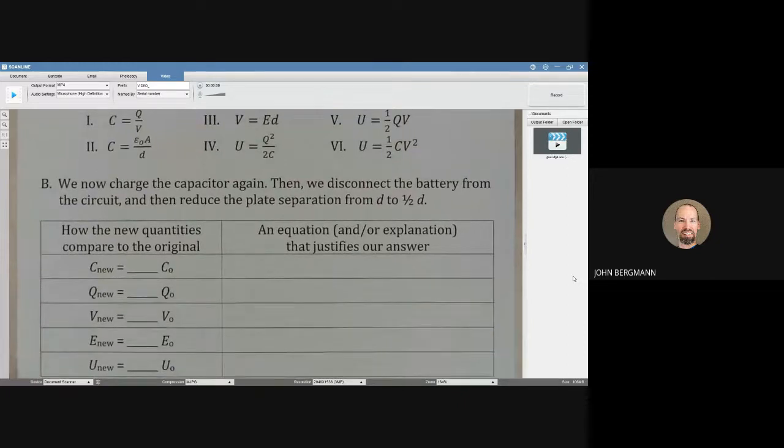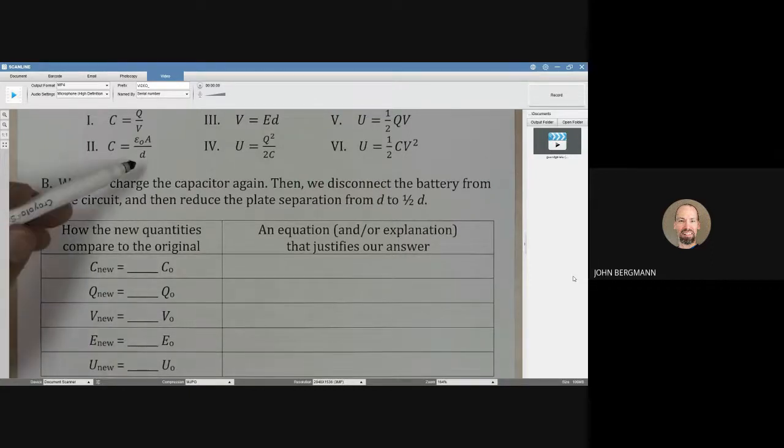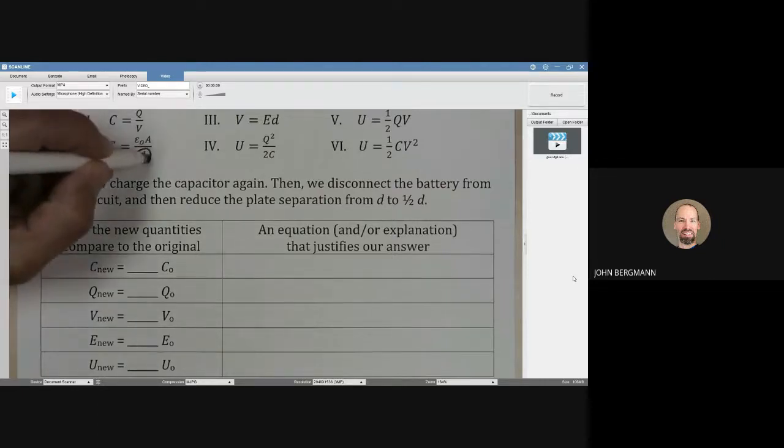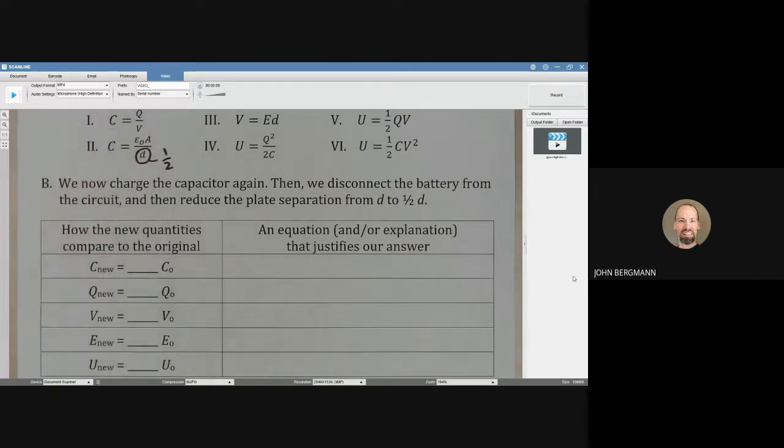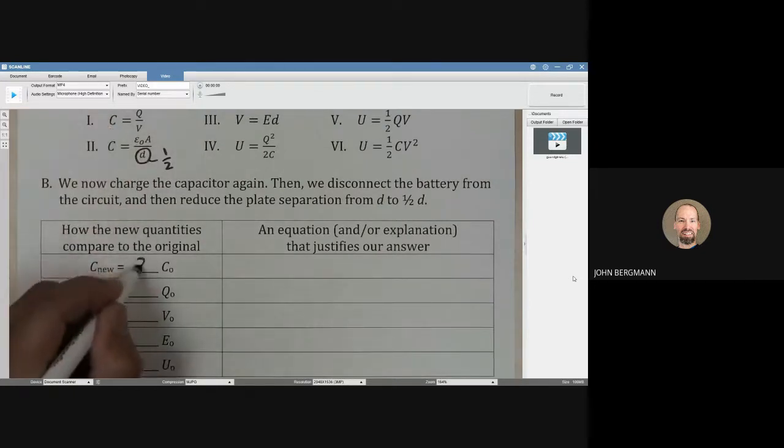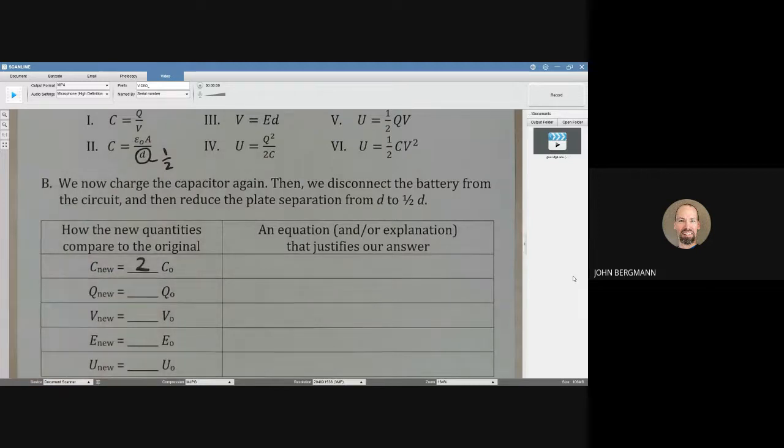We're going to charge the capacitor up again, but this time we're going to disconnect the battery, and then we're going to reduce the plate separation to 1/2 D. What's going to happen here? The distance between the plates has become 1/2 of what it was, and so right here, if I put a 1/2 there, if that's 1/2 of what it was, then once again that means that the new capacitance is twice what it was.